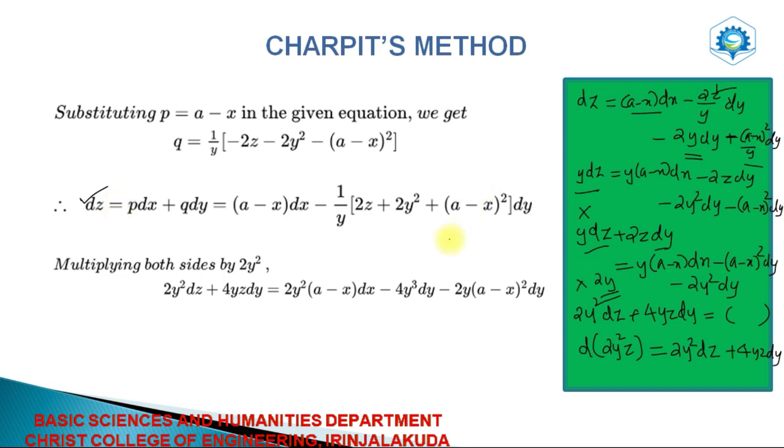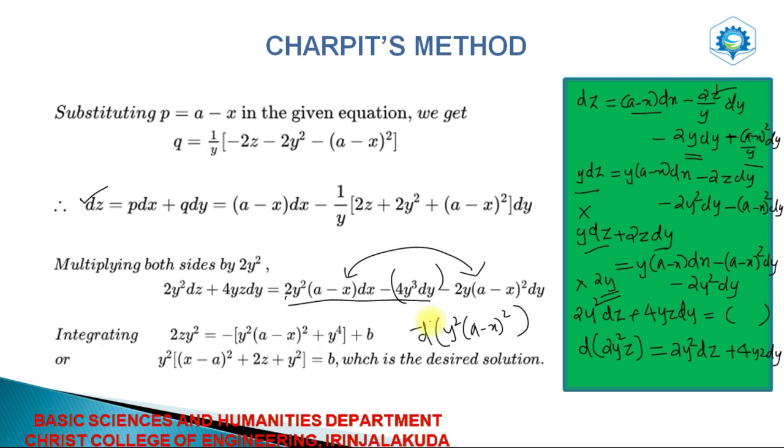And now what about this term, 2y square a minus x dx? If we group these two terms together, this is actually the derivative of a term. It is actually minus the derivative of y square into a minus x all square.